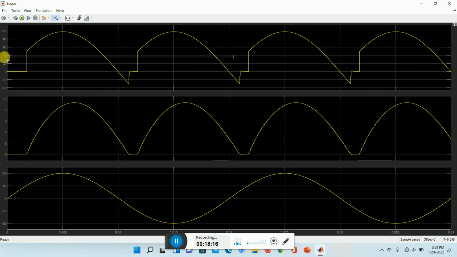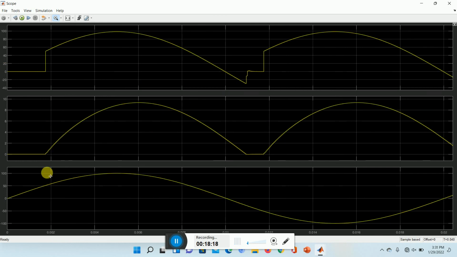Okay, I'm zooming it for one cycle only. Now you can see it is starting at 30 degrees. The current is also starting, but the current is not 0 at 2 pi. The current is still positive. That is why we are getting a negative voltage.